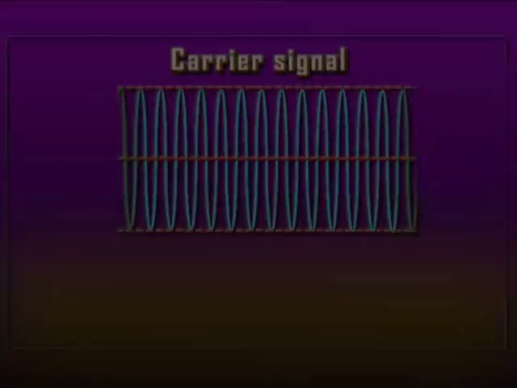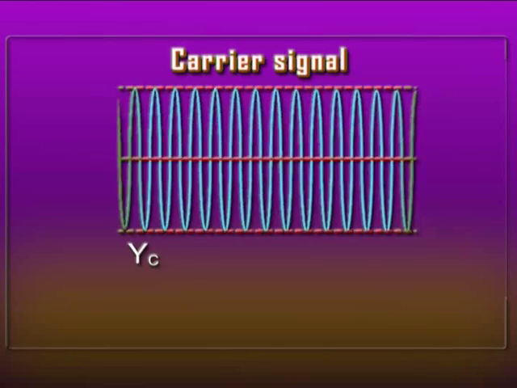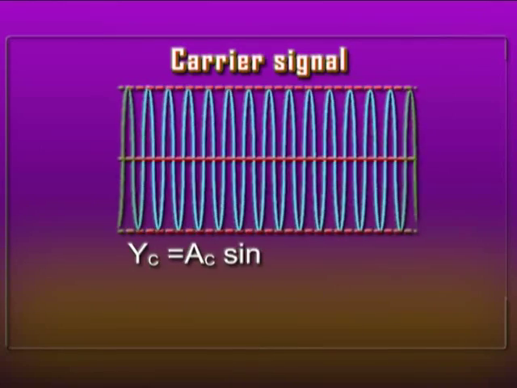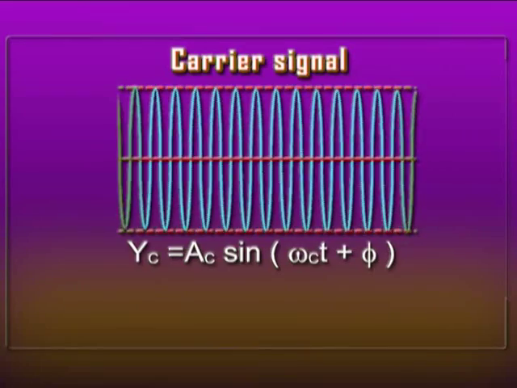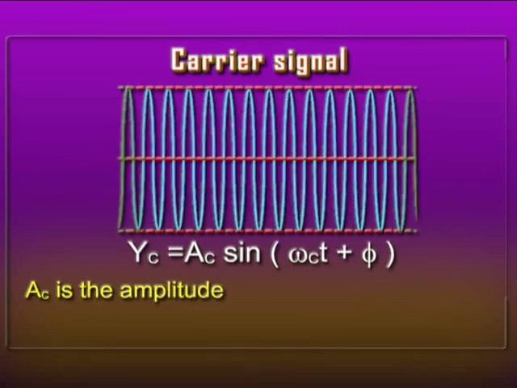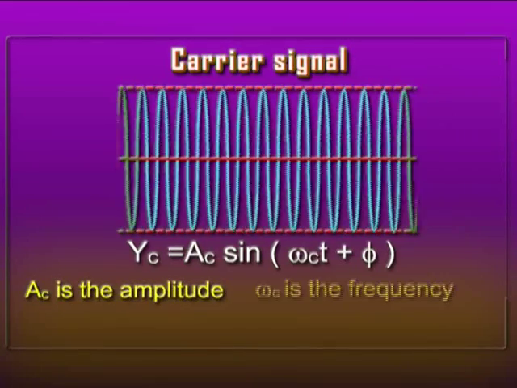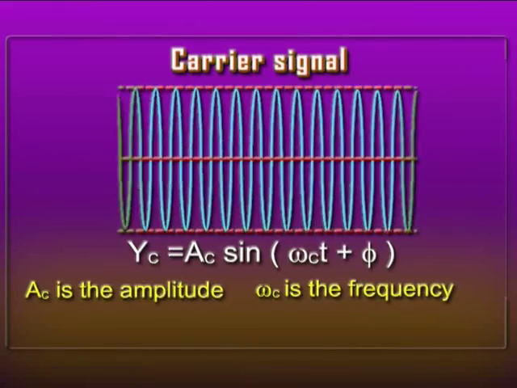This modulating signal is combined with another wave of very high frequency called the carrier signal. The carrier signal wave can generally be represented as Yc = Ac sin(omega c t + phi). Here, Ac is the amplitude of the carrier wave, and omega c is the frequency of the carrier signal.